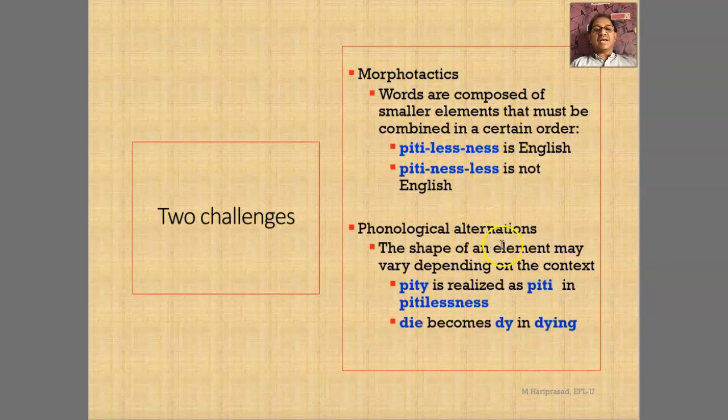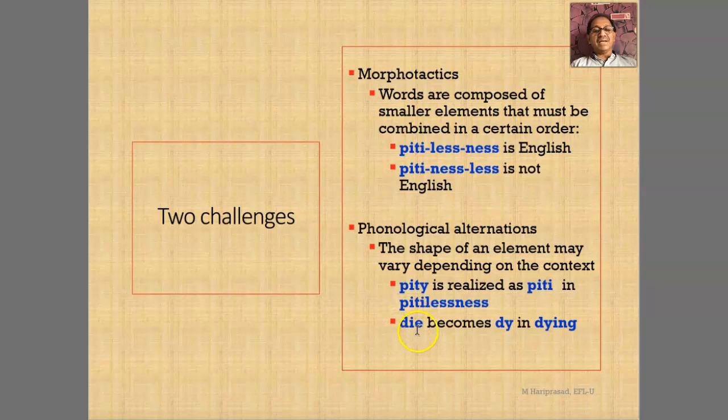Then phonological alternations are also important. Depending on the spelling, depending on the sounds in the word, the affixes change, the sounds of the affixes change, or the letters of the affixes will change. So if you look at a word like pity, P-I-T-Y, it ends with the letter Y. But when a suffix like less attaches to it, Y becomes I in spelling.